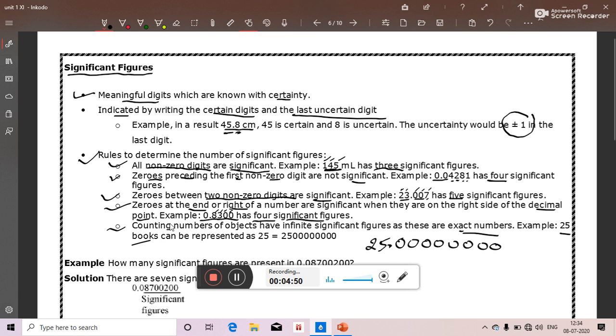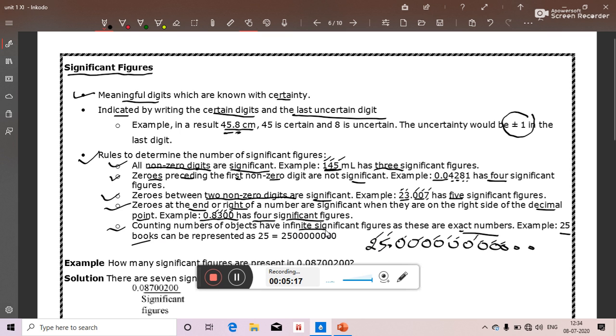And in our fourth rule we have studied, if zeros are on the right hand side and if a decimal point is also there in the entire number, then you have to count zeros. So you have to count all the digits, and you can put zeros after the decimal point up to any extent. That means it is having infinite significant figures.